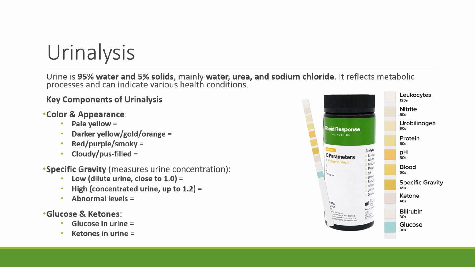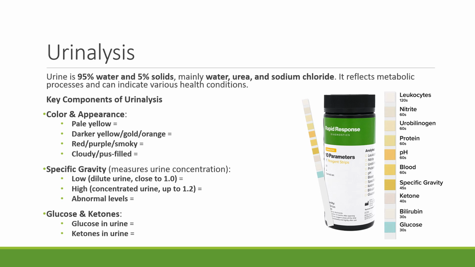Urine is 95% water and 5% solids, mainly water, urea, and sodium chloride. It reflects metabolic processes and can indicate various health conditions. Key components of a urinalysis include color and appearance. Pale yellow is normal.